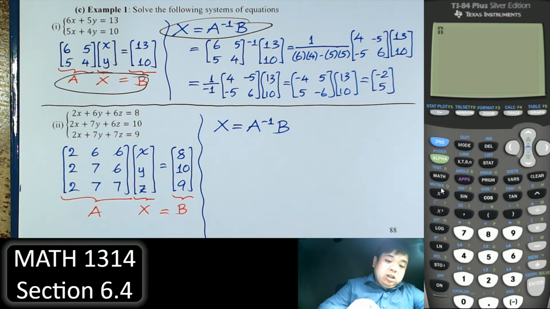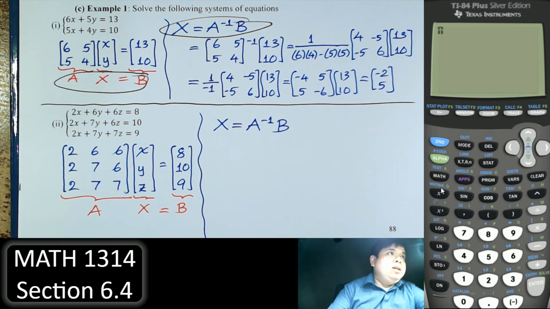In that case, we just take the inverse times the matrix B. Right. This time I just want to store into the matrix. If there's something in there already, we can always just override it. 2, 6, 6, 2, 7, 6, 2, 7, 7.